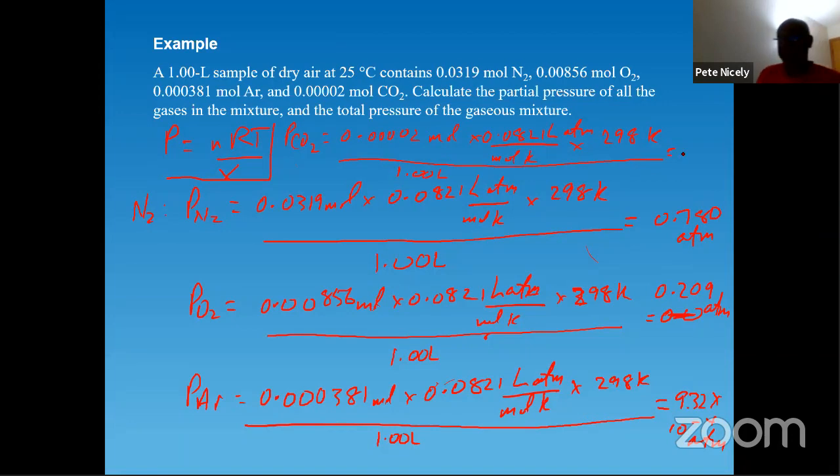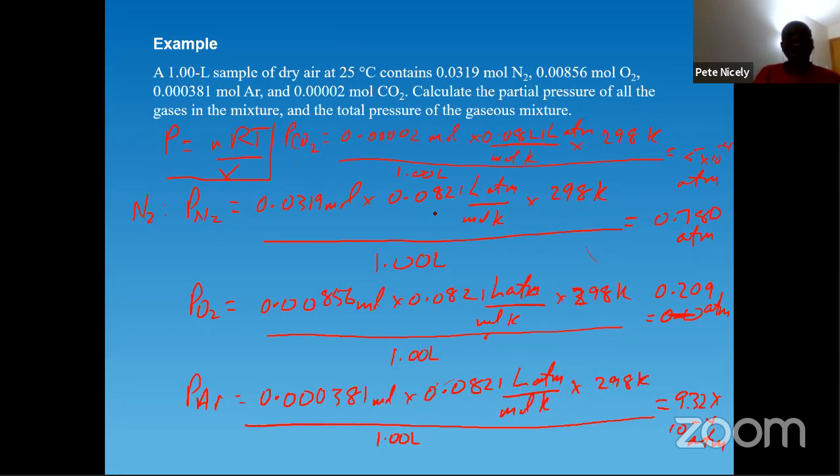Let me work that out: 0.00002 times 0.0821 times 298 divided by 1. The answer I got here is 1.6, so this is going to be 5 times 10 to the minus 4 atmospheres.